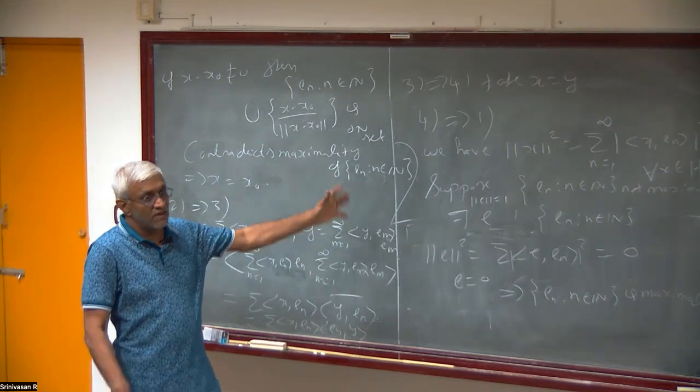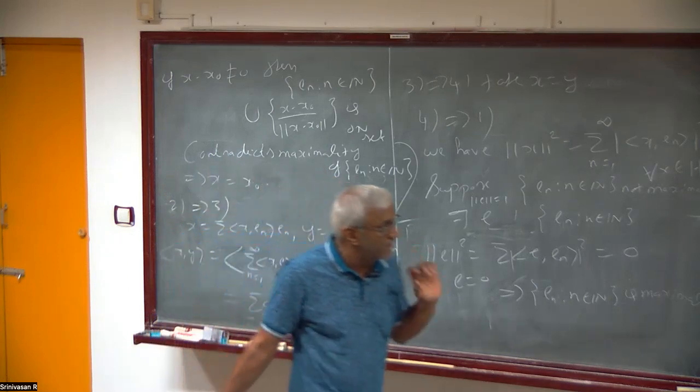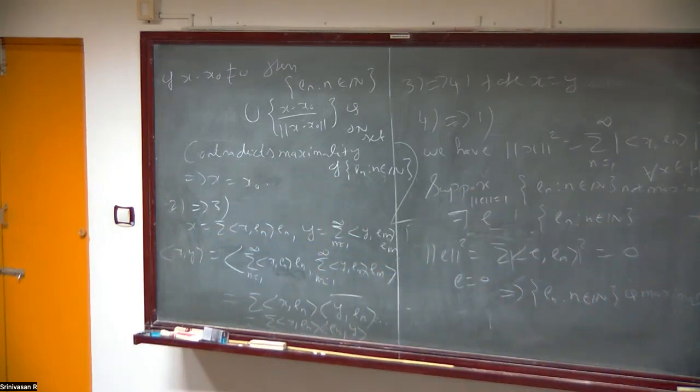So if you have a maximal set, and finally, the fifth one, what I say is the span is this. It's clear that if it satisfies one of these conditions, then any x can be written like this, so it is in the span. Any x is in the span. Suppose every x is in the span, then we want to say this En is maximal.